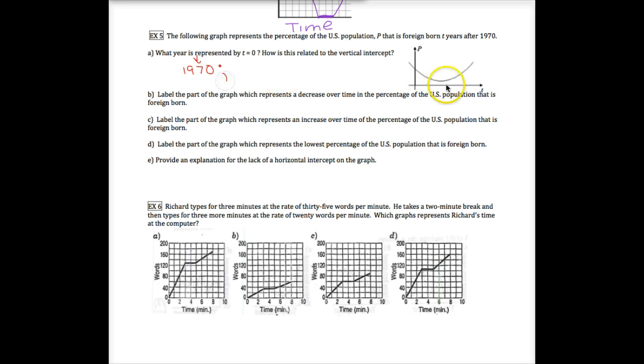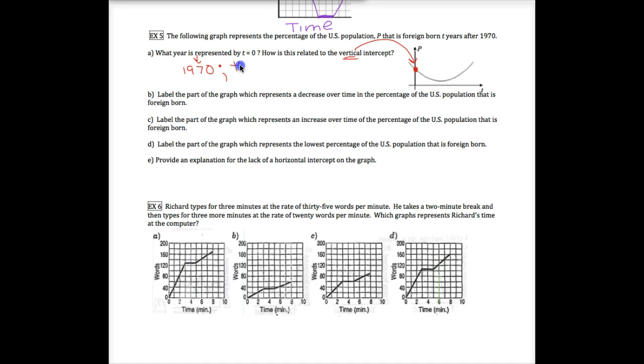Then it says, how is this related to the vertical intercept? Notice it doesn't say y-intercept because we're not using y as our variable. It's P. So the vertical intercept is right here. We want to know how 1970 is related to that. Well, T is the year, so in 1970, what does P stand for? It says that P represents the percentage of the population that is foreign born.